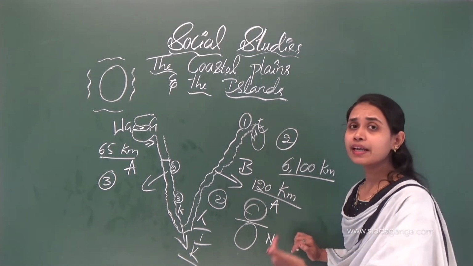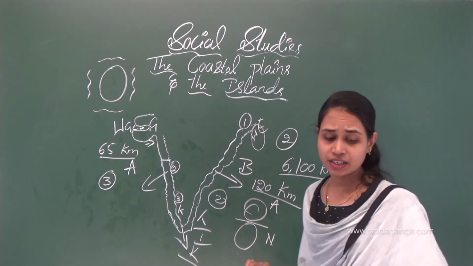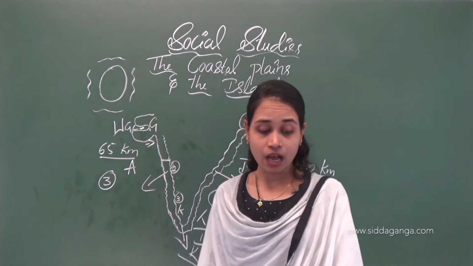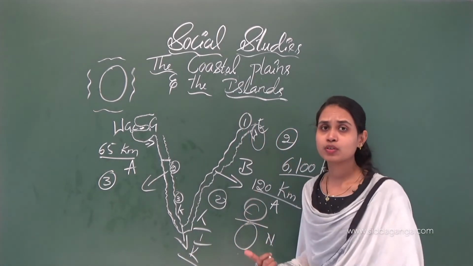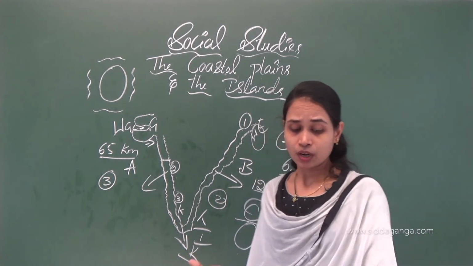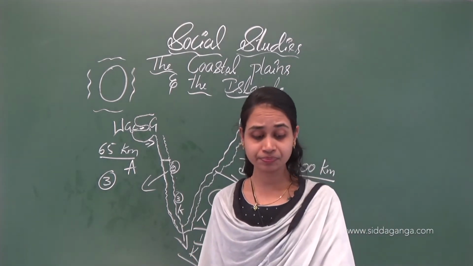So here people grow maize, paddy, coconut, and then rubber and teak are the main products. They grow many products here, and also fruits like pineapple.